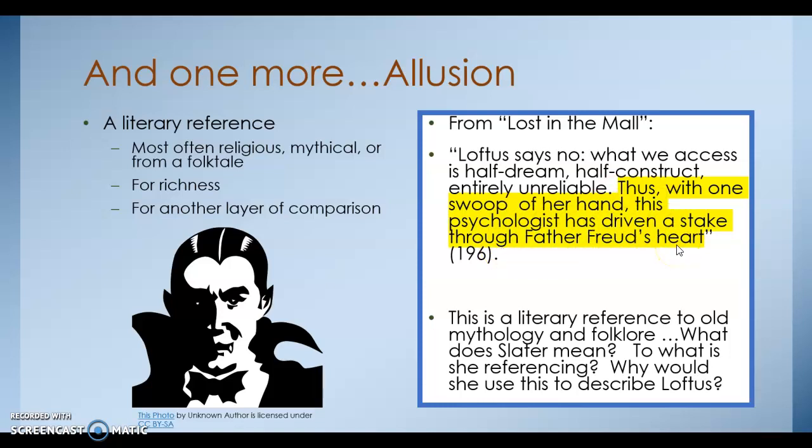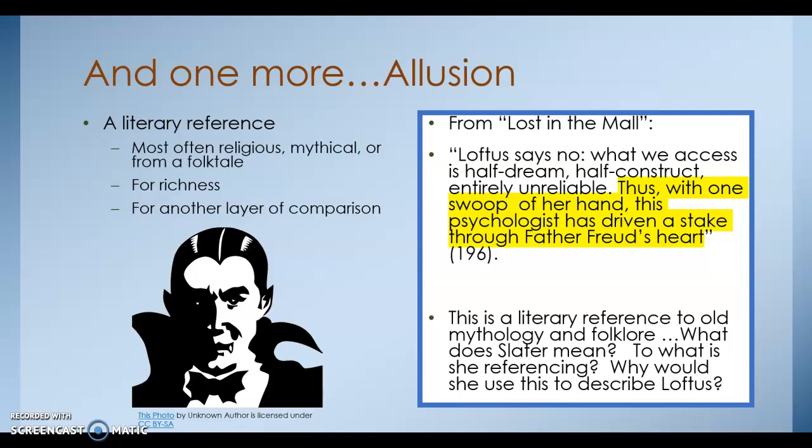Now, who needs a stake driven through their heart? Who gets stakes driven through their heart? Why does that happen, right? And so if you have an understanding of old mythology and folklore, then you would know that we drive stakes through the hearts of vampires, right? And that's how you kill a vampire, is you drive a stake through its heart.